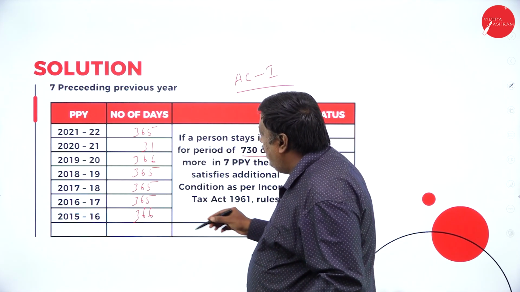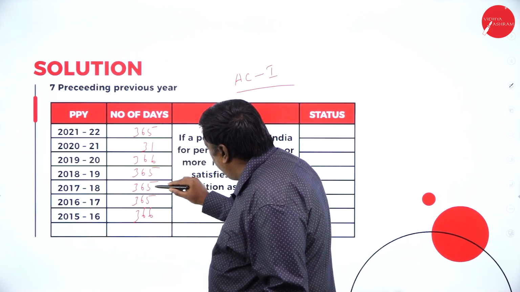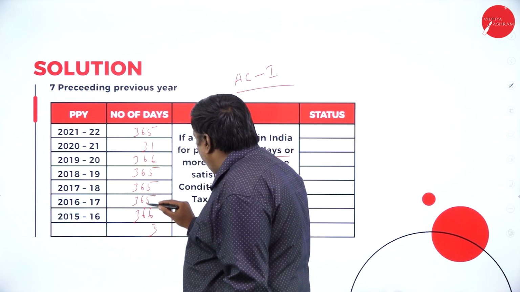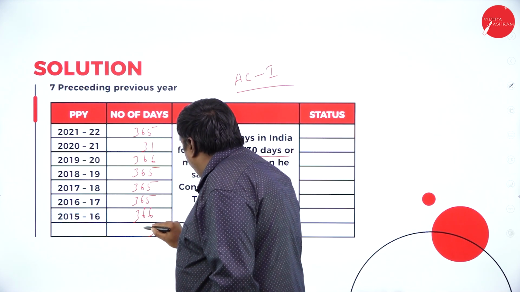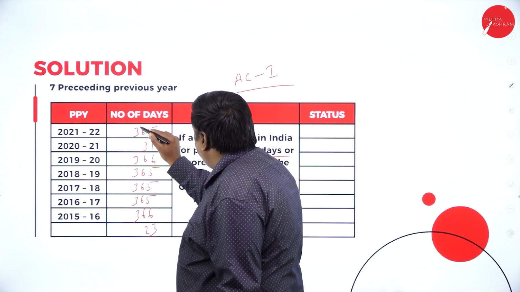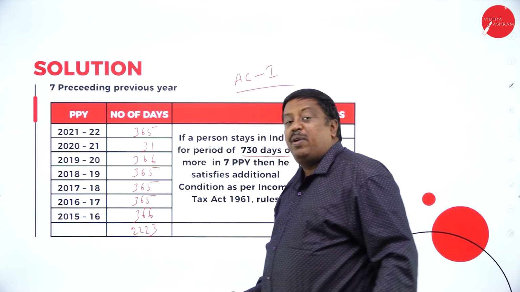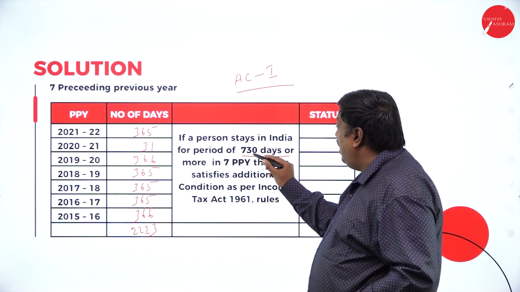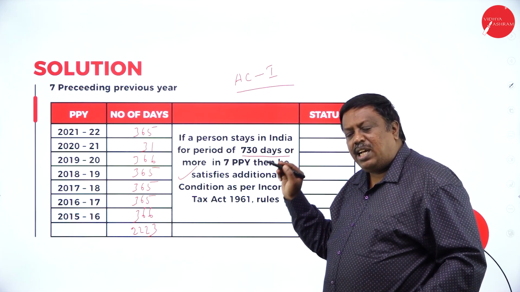For the 7 preceding previous years, adding up: 5, 6, 12, 22, 27, 33, 3 carry 1, 2, 3, 4, 5, 6, 7, 42, 2, 4 carry 1, 2, 3, 4, 5, 6. 6 3s are 18 plus 4, 22. I was in India for a period of 2,223 days. But what is the condition we have here? 730 days. So I've satisfied my first additional condition.